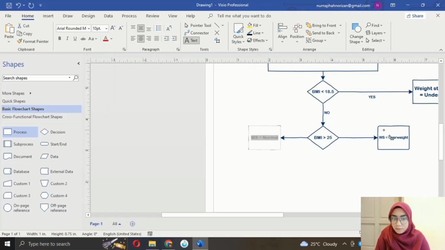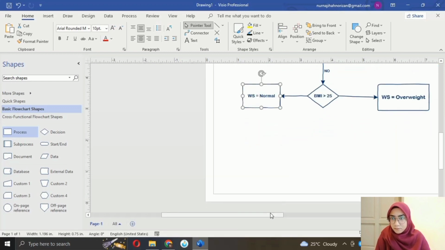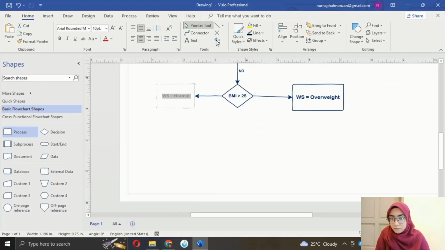And if the status is overweight, it shows yes to the decision BMI larger than 25. And if the weight status is normal, it shows no.